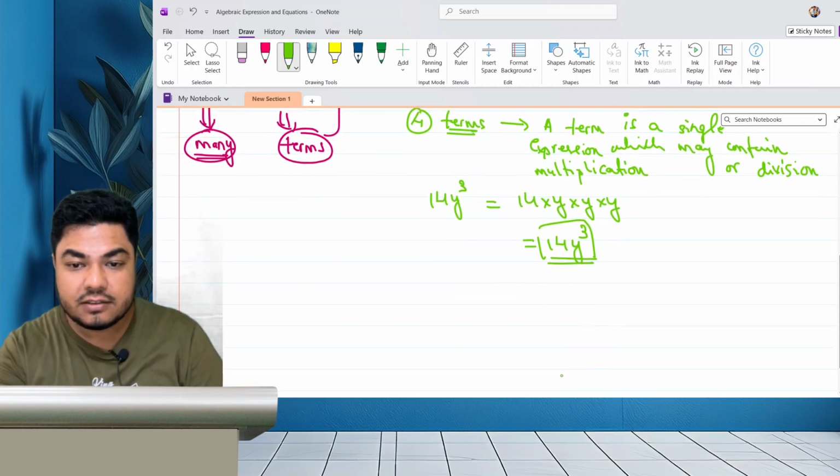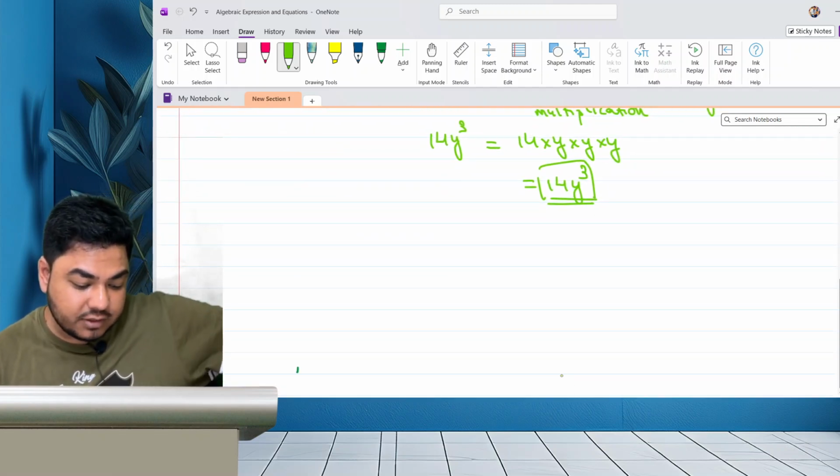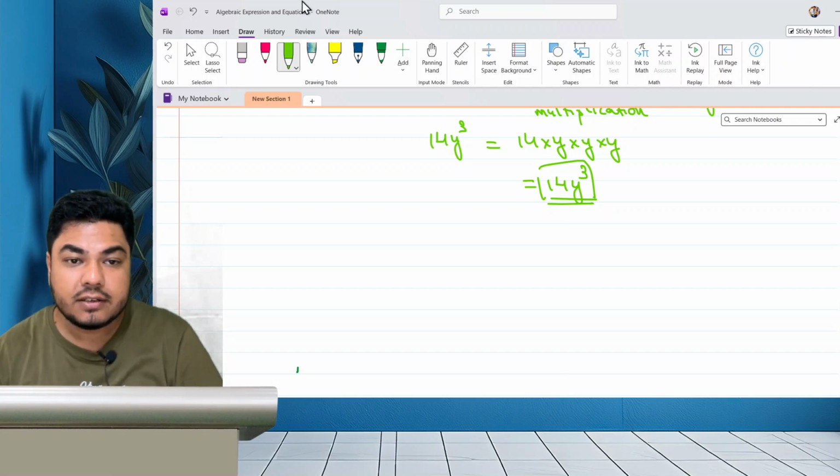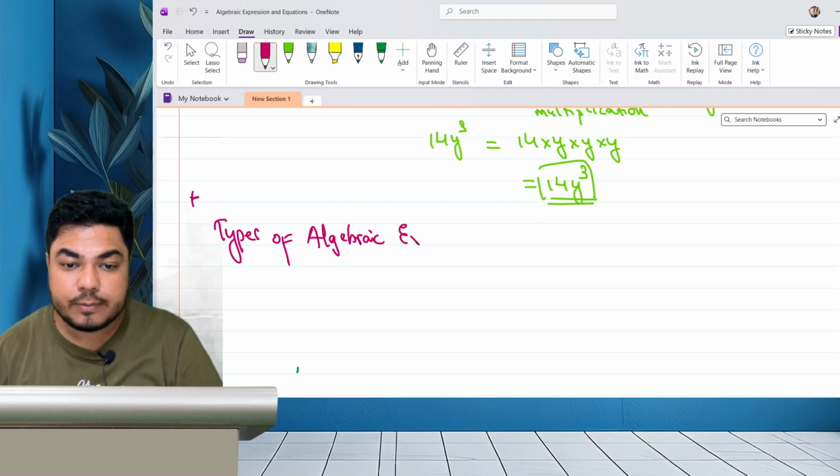Moving ahead, we are going to see how many types of algebraic expression exist, right? So now we are going to understand types of algebraic expression.